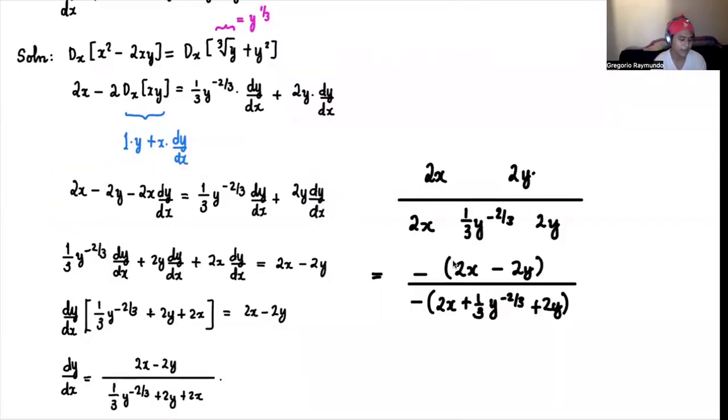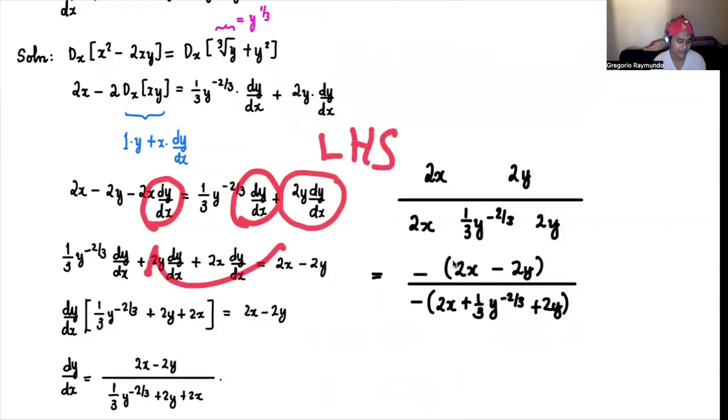Tapos, isaayos mo. Gusto natin etong mga may dy over dx, nasa left-hand side. Tapos, yung mga walang dy over dx, nasa right-hand side.